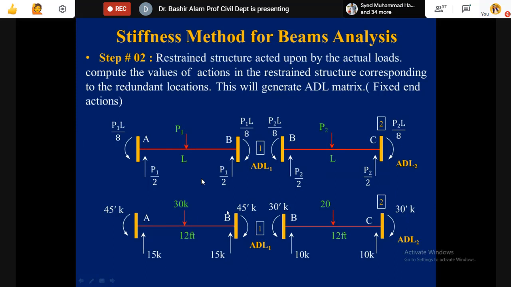This is the reason that I am asking you intentionally more and more questions, one to keep you awake and the other thing is so that you understand also. Now you tell me what will be ADL1 now.